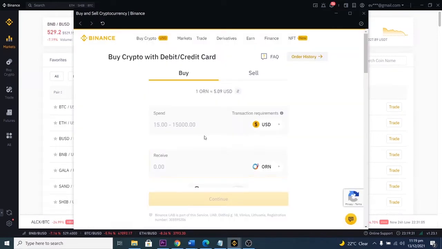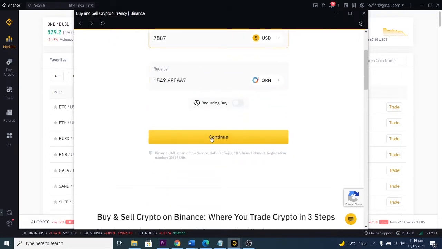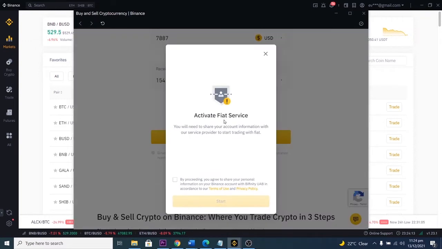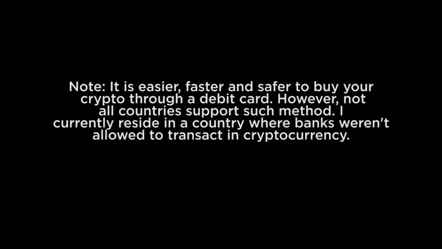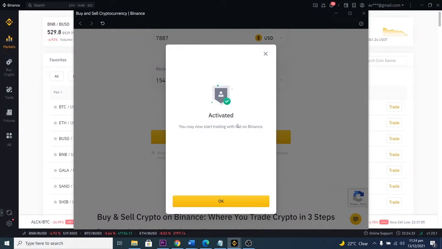So maybe I put this one, and then how much do I want to buy. So this is, I think it's too much. Yeah, that's how much I can buy. So I can click continue, and then it will ask you for some information that you have to fill, and these are the things it will ask from you to continue.